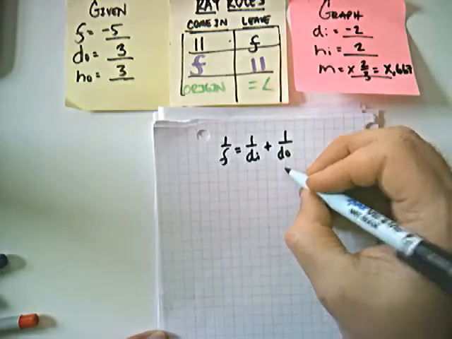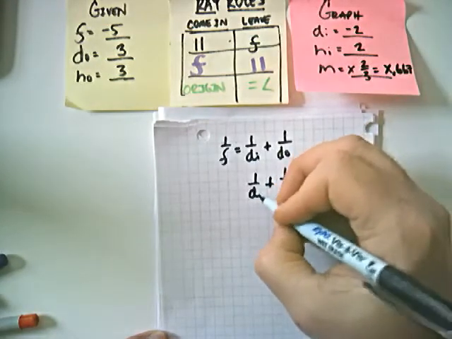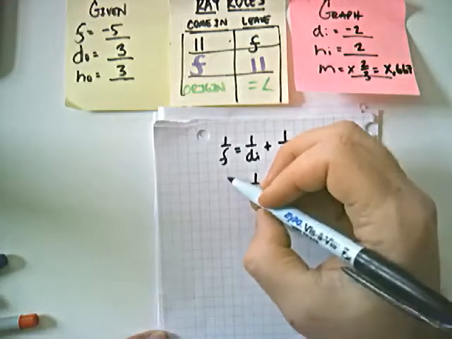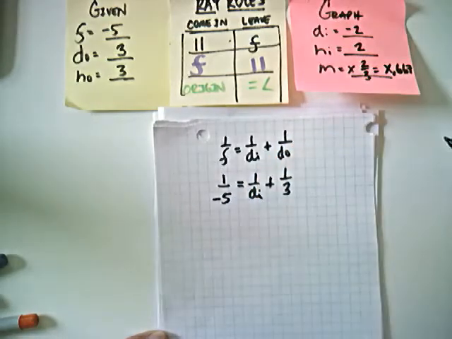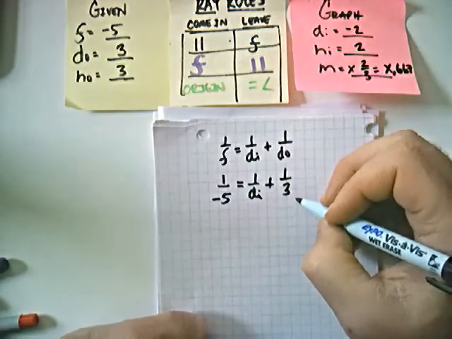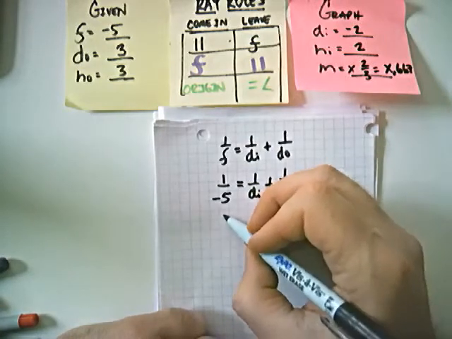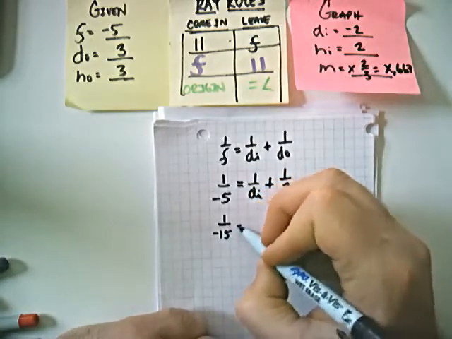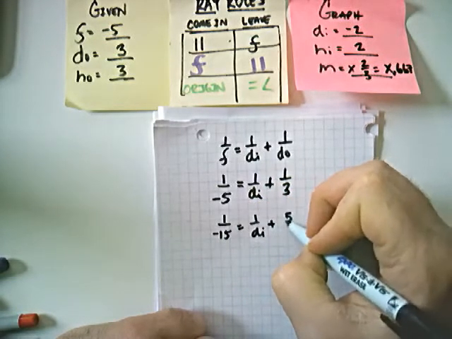So we have 1/3 plus 1/di, which is what we're solving for, so we'll just leave that as di. And then the focal length, -5 because it was convex. I've been using 5. On the problem set, you'll use 8. Then what we've got to do is find a common denominator. 15, right?